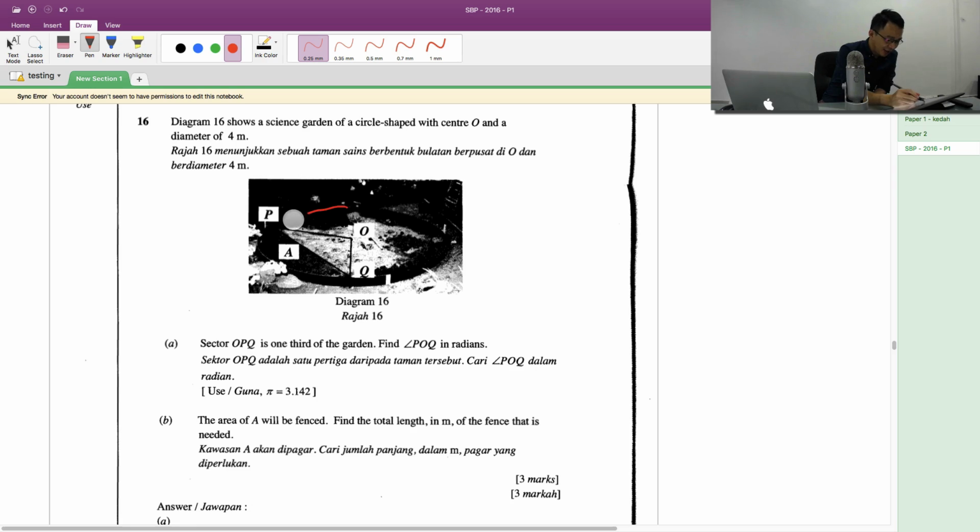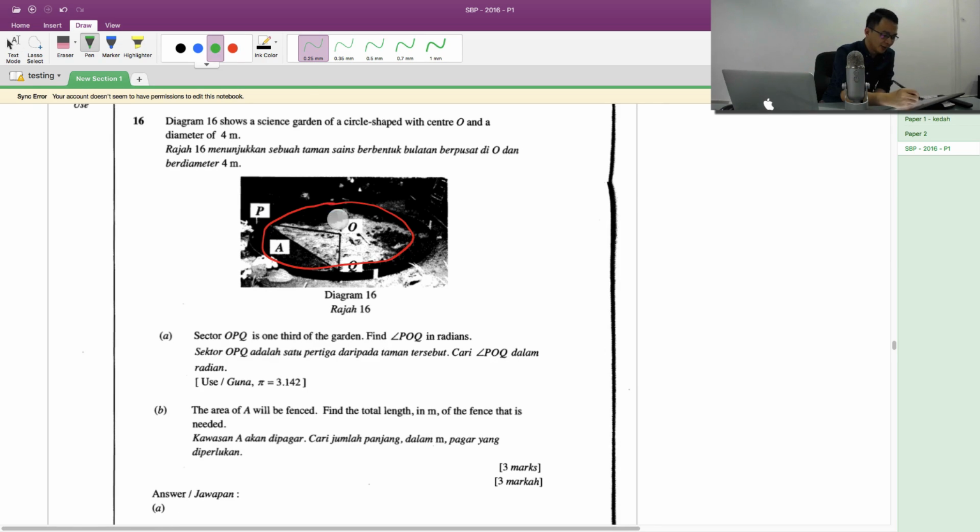Basically you will see a circle here, and the diameter of the circle is 4 meters. And then you have a sector here. OPQ is a sector.